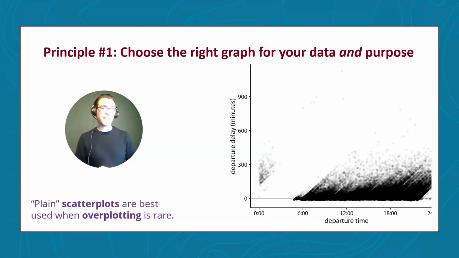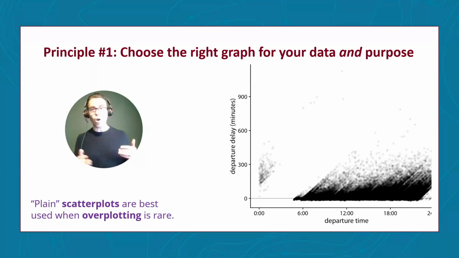Not every graph type is appropriate in every situation either. For example, scatter plots are not the best type of graph to use when you have so many points, or so many points in the exact same place, that you would get what's called overplotting, which is where so many points are sitting on top of each other that we can no longer tell how many points we actually have in a given spot.